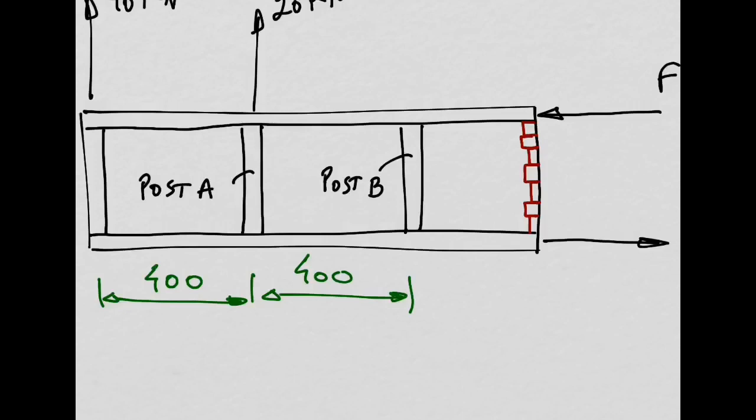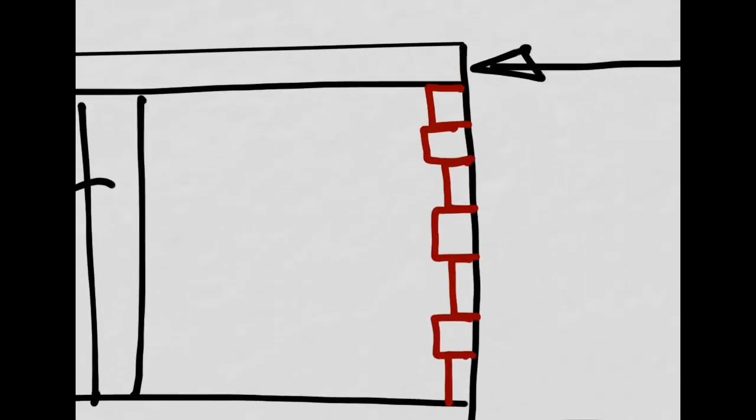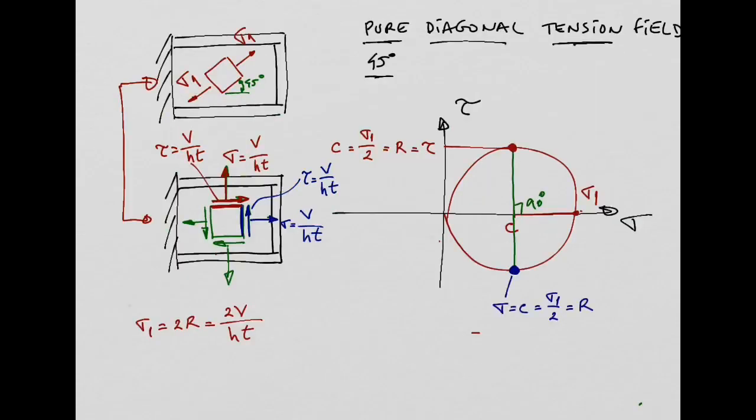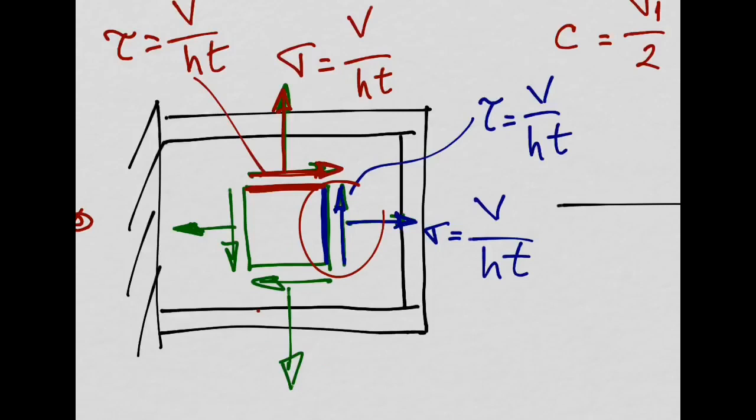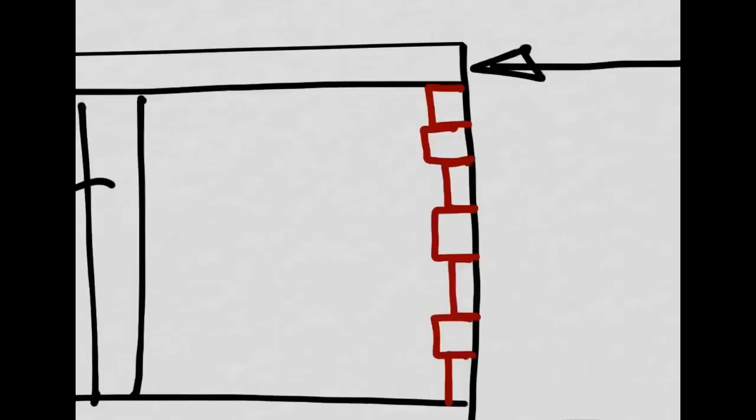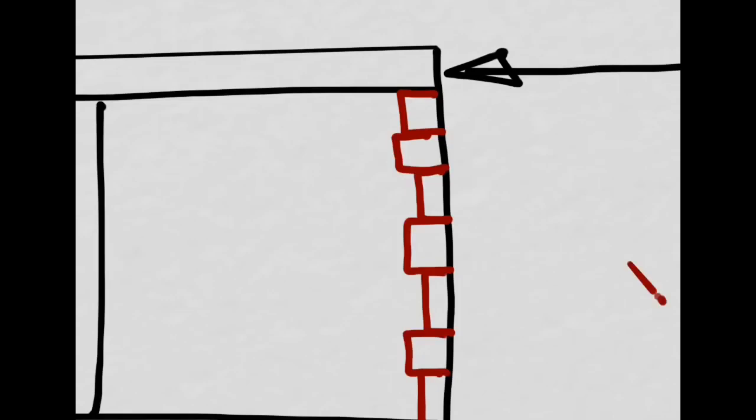So in all of these elements, look, if you look at this face on the right side of each of these elements, the equivalent face here is this one in blue that you have here, right? Yeah? Can you see this? So what I'm saying is that if you compare this face here, imagine this bit as if it is this plane stress element, right? So this face here on the right is equivalent to this face here, where you will have a direct stress sigma and a shear stress tau.